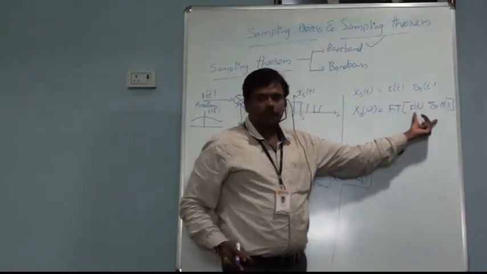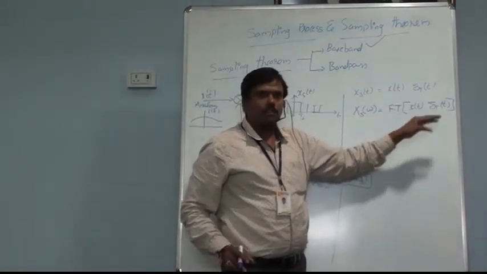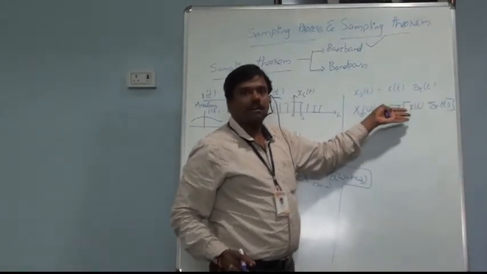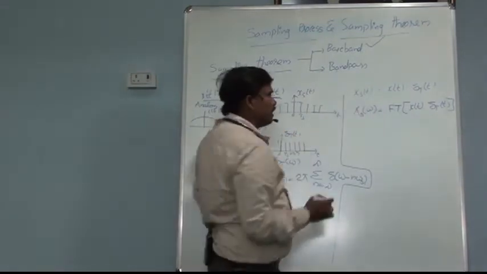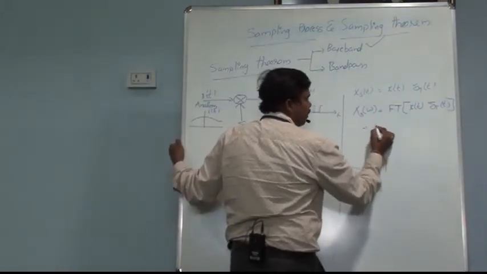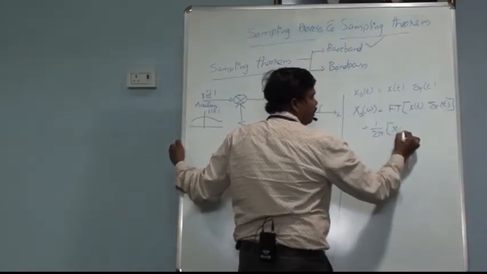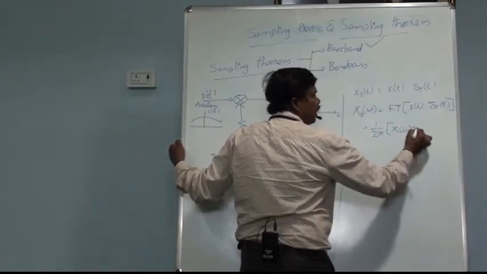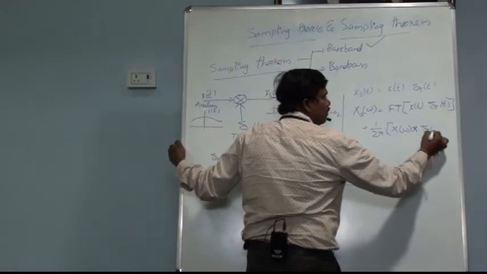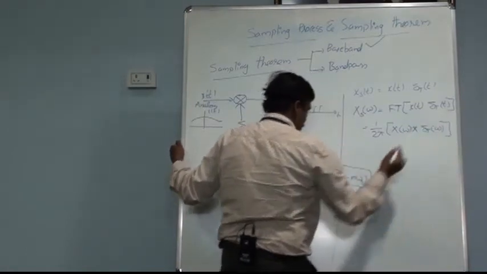If two signals are multiplied in the time domain, then those two signals are convolved in the frequency domain. That is 1 divided by 2 pi, x of omega convolved with delta of omega.